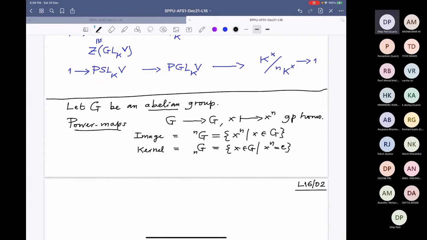When is it injective? When the kernel is trivial, that means there is no nth root of unity other than 1. Think of 1 as the identity element, and think of this kernel as the solutions of the polynomial equation x to the power n minus 1 in G. That is what it is.